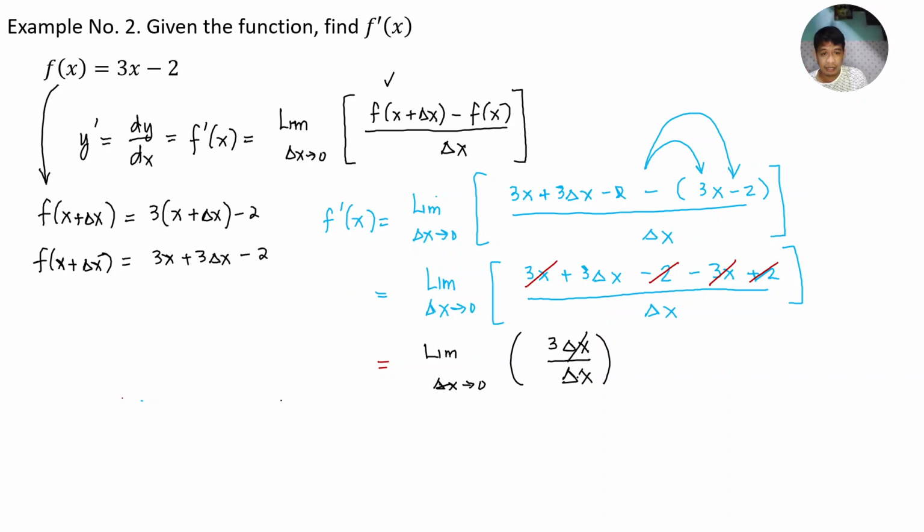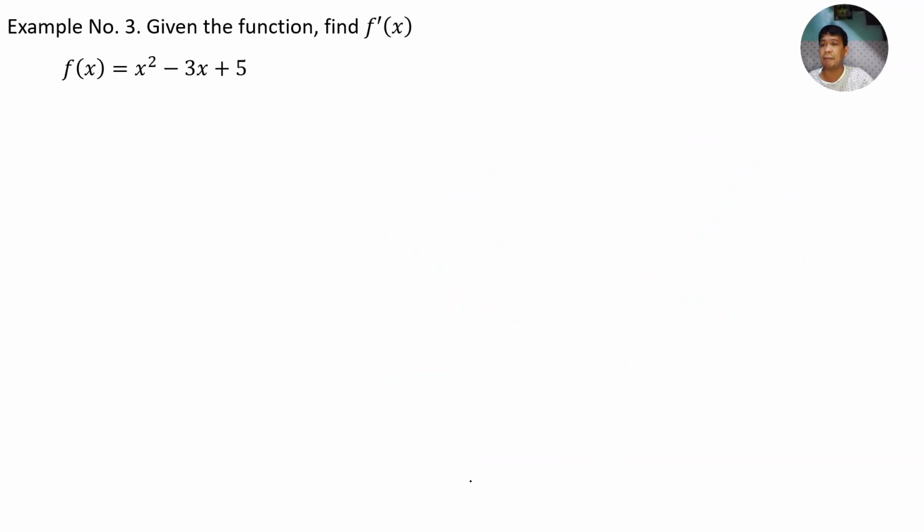That delta x cancels out, then the limit of a constant as a variable approaches any number is always a constant. So therefore, our first derivative of that function with respect to x is equal to 3. So that's example number 2. So let us try another example.